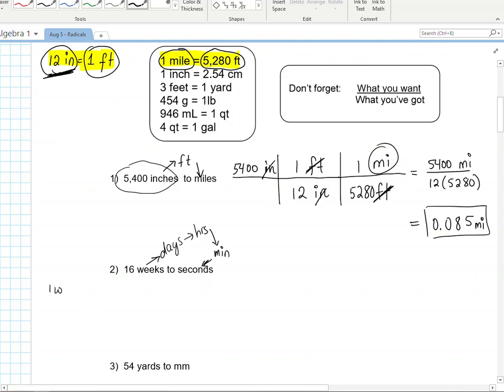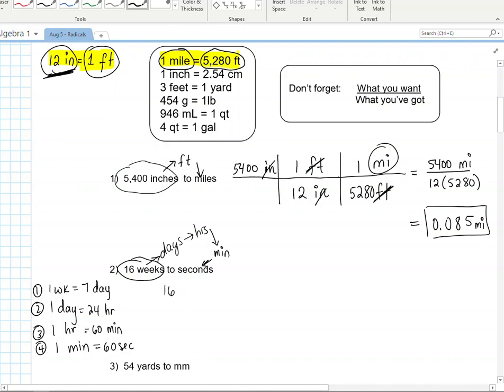So we know that 1 week is 7 days, 1 day is 24 hours, 1 hour is 60 minutes, 1 minute is 60 seconds. So there are 4 relationships. That means there's going to be 4 steps. We start with the given, which is 16 weeks.